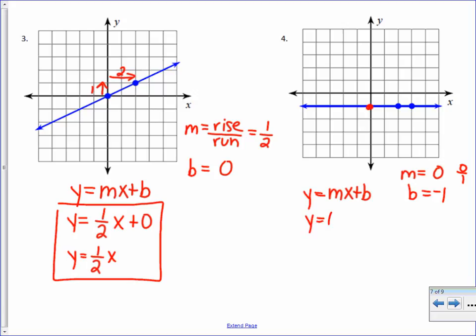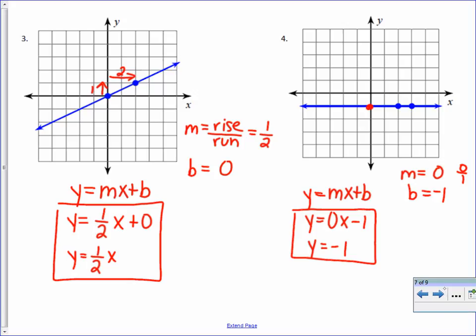So now when I substitute in those values into this equation, y equals 0x minus 1, that would be the equation of that line. 0 times x is 0. This is equal to the same thing. Y is equal to -1. I'm fine if you leave it for today as y is equal to 0x minus 1. Have fun using your slope-intercept formula.